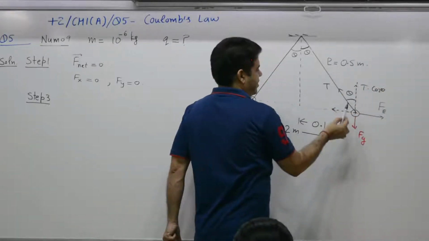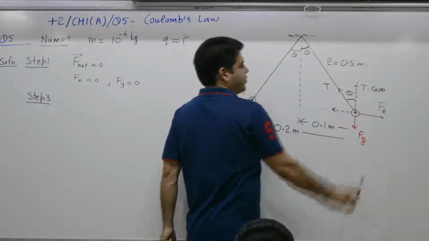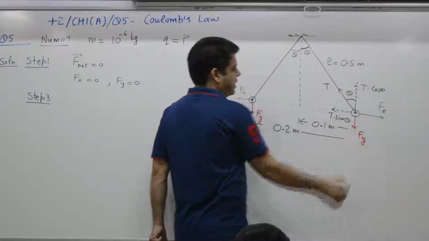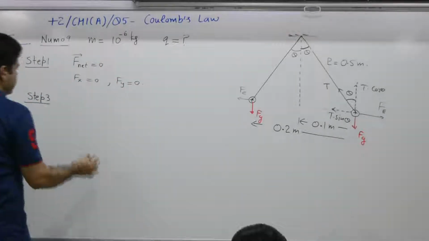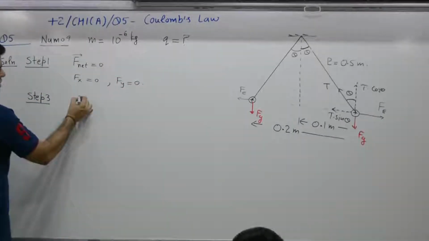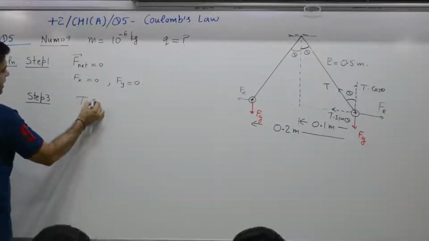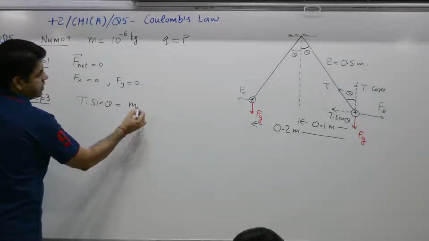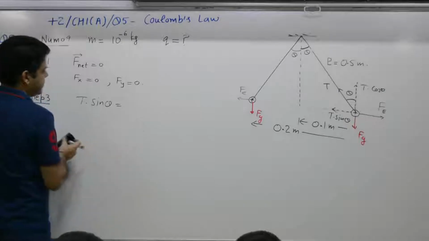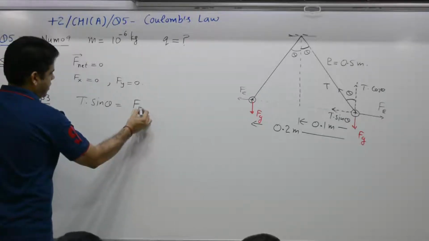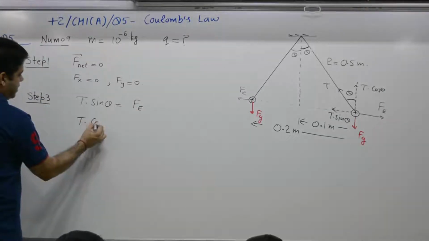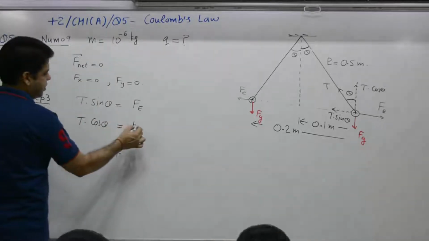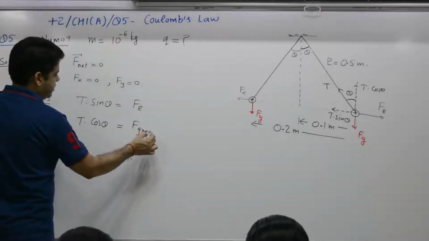And the horizontal component, T sin theta, will balance Fe. So, along the x-axis force is 0, which means T sin theta is equal to Fe. And T cos theta, the vertical component, is equal to the gravitational force.